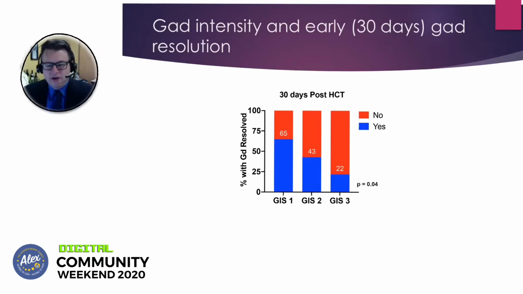And so I have 1, 2, and 3 at the bottom. And then we can see that those with the GIS score of 1 were about 60% likely to resolve their gadolinium post-transplant, while those with very bright gadolinium, so a GIS of 3, only 22% of those resolved their gadolinium by 30 days.